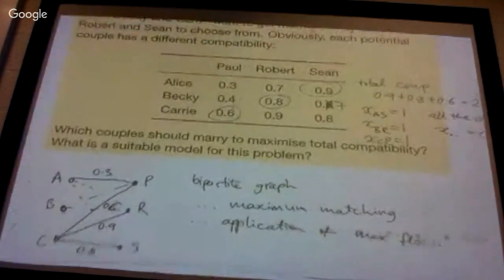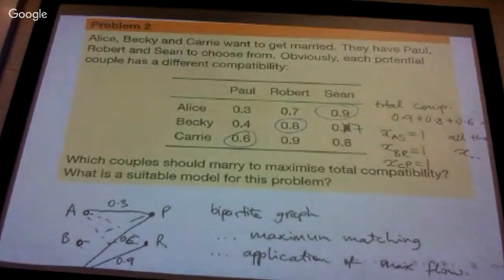The first was which items to put on a ship to transport to maximize income, and the other was this kind of matching problem, where you try to find the best match between a set of girls and a set of boys, or whatever these things can be. It's a very universal model, so that you maximize the total utility or the total satisfaction expressed in some numbers. And you can formulate it as an integer program.